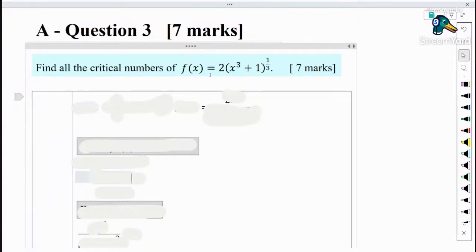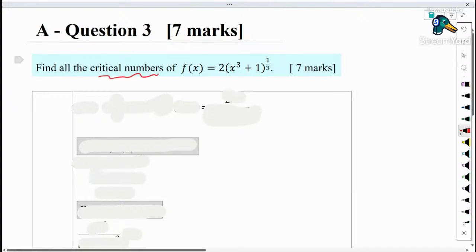So what they are actually asking in this case is, what is a critical number? For your information, in lecture we learned a term called critical point. A critical point for the function f(x) refers to two scenarios.